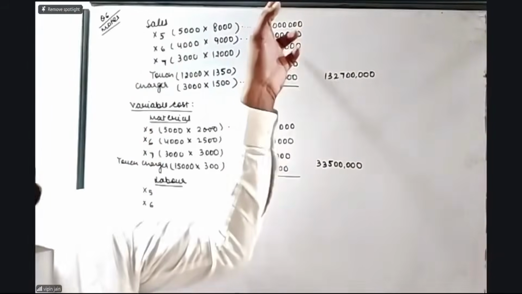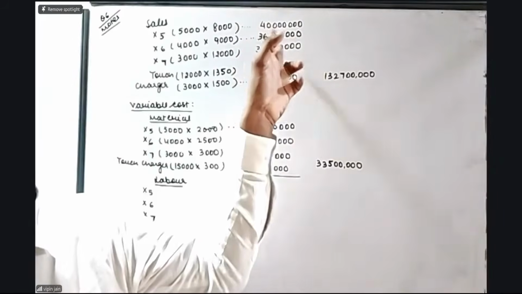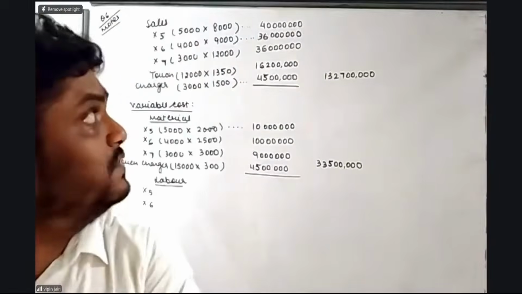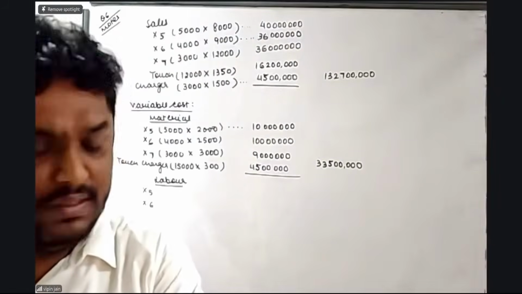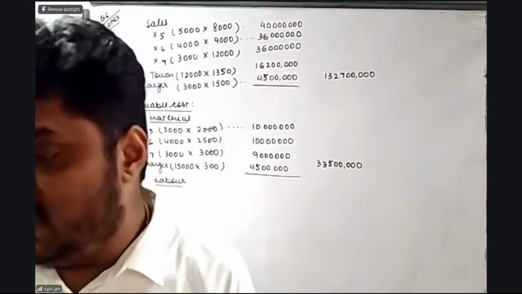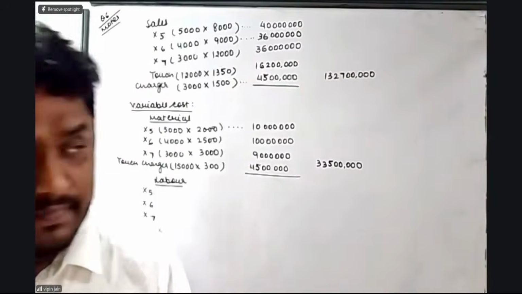See, it is 11 crore 20 lakh is this much. So 11.2 is this much, 1.62 is this much, and 0.45. So it is 13 crore 27 lakh. Please recheck your calculation, visual. What will be the total labor cost?